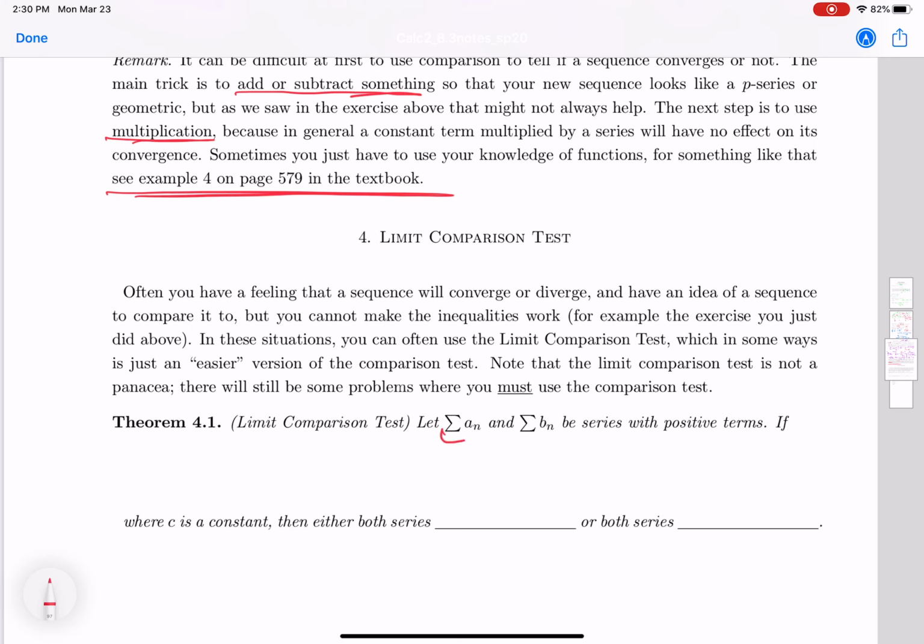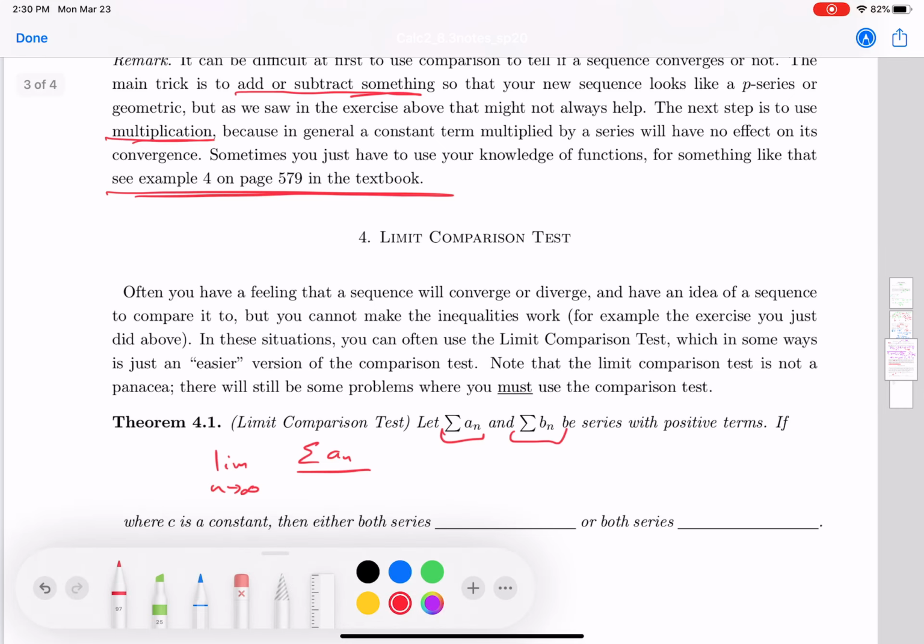Suppose you have two series, A and B, and they have positive terms. If the limit as n goes to infinity of, I think I'm writing this wrong. I think it's actually just A sub n over B sub n. Yeah. Sorry, there should not be a summation there.